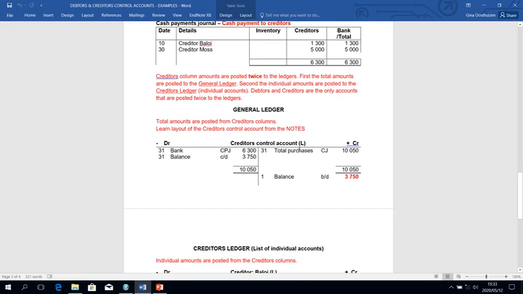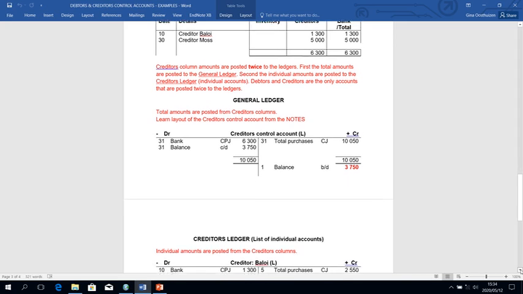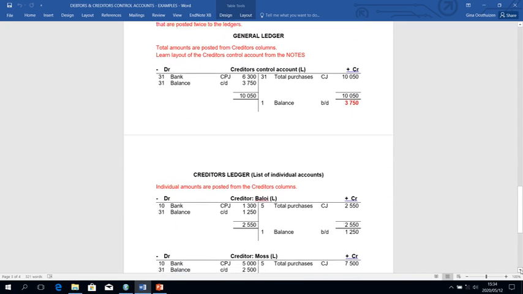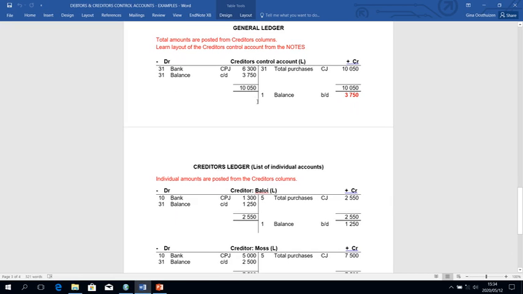Again, it's going to be posted individually. We look at the creditors column again, with individual amounts being posted to the individual accounts. It stays the same as the general ledger; it's just recorded in the creditors ledger, which is the list of individual accounts.